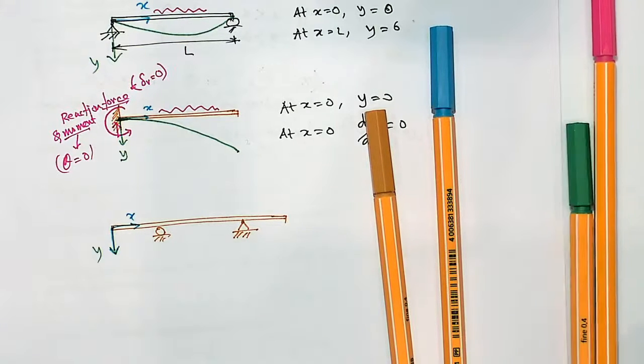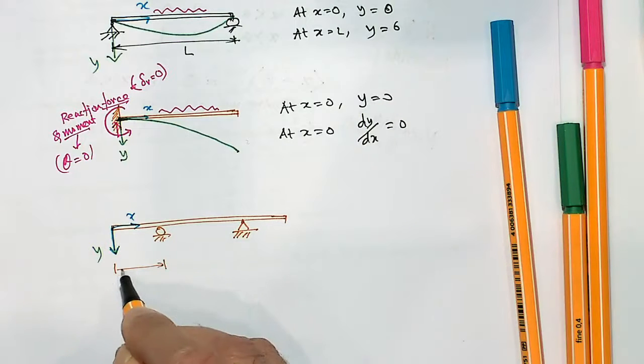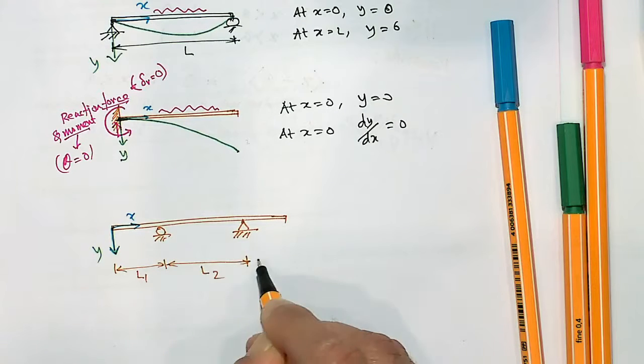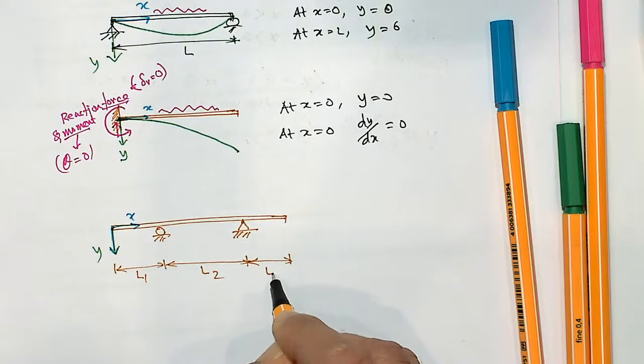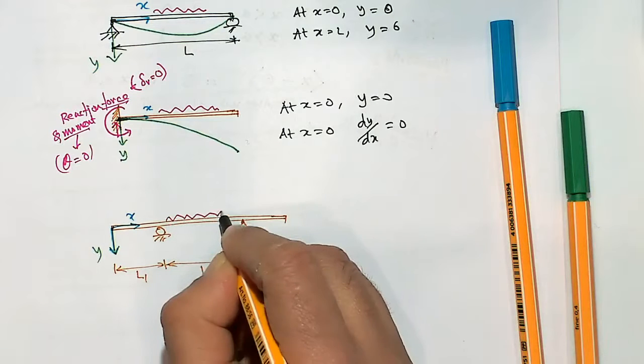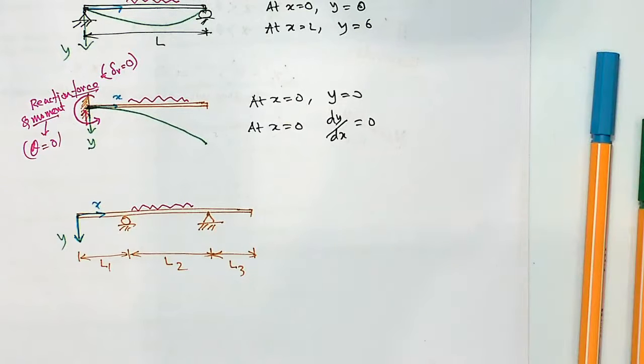And let's say this is L1, let's say L2, and let's say L3. And let's say you have got certain loads acting in this way. Can you now tell me what would be the boundary condition if I solve this one?